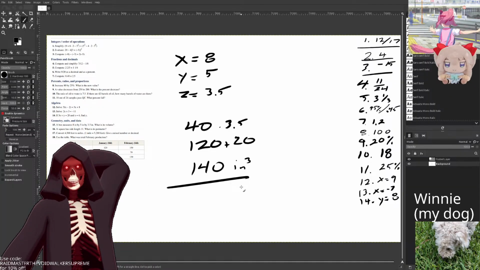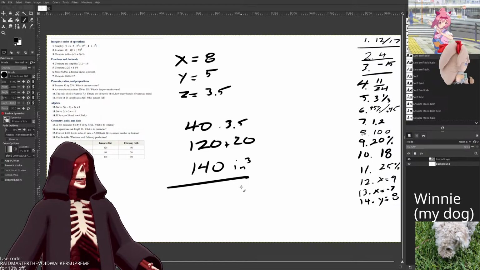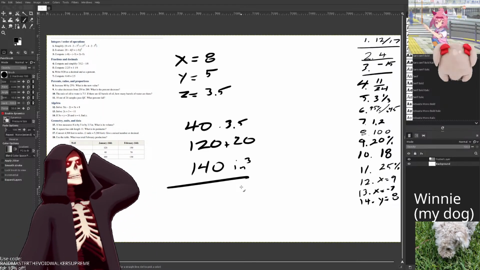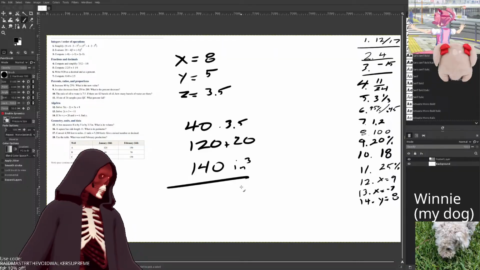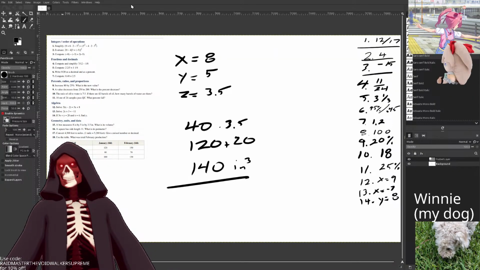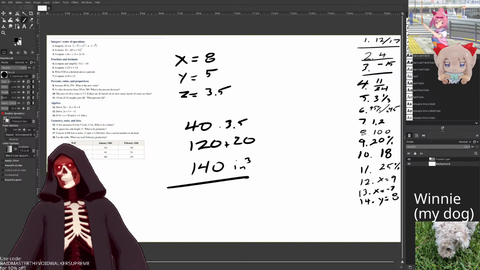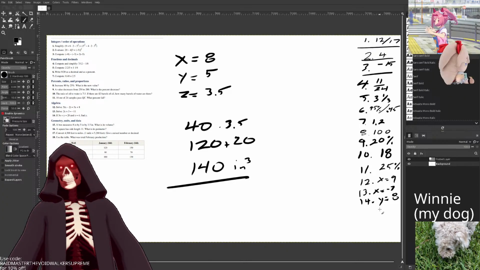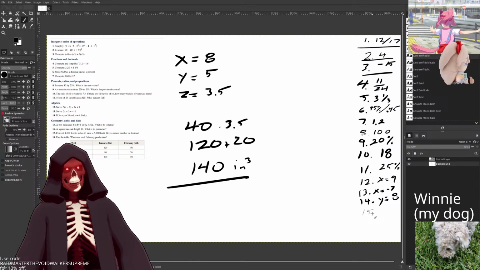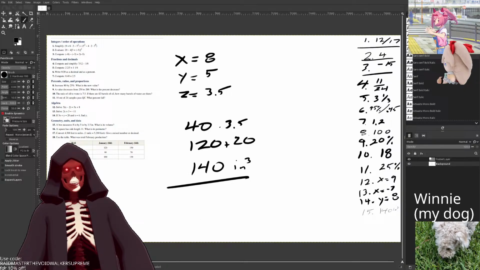Okay. I'm on a roll. Oh, hold on, I didn't properly put this down. 15 is 140 cubes.